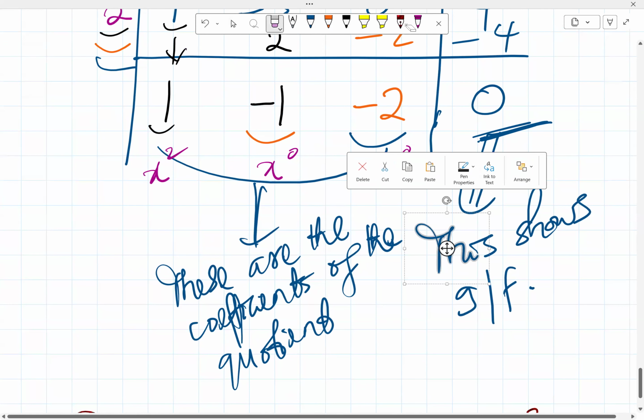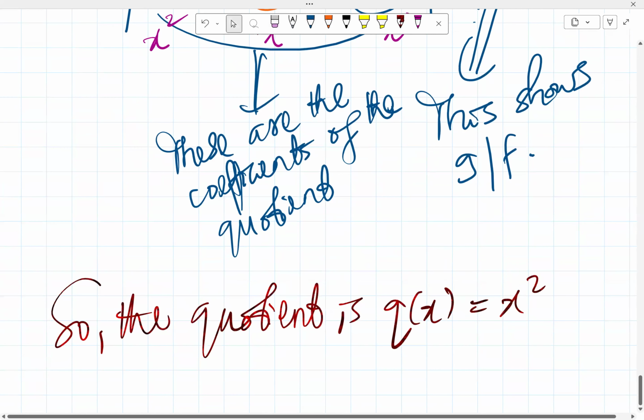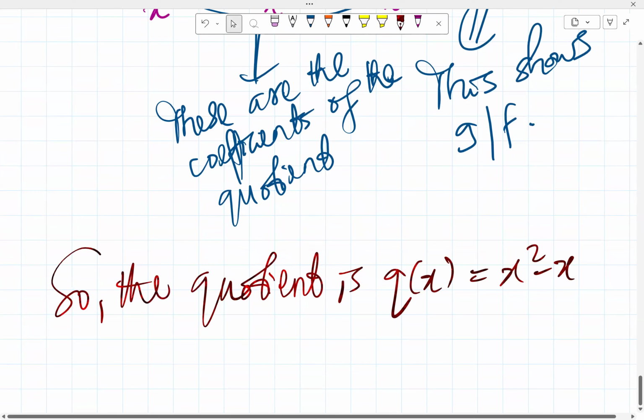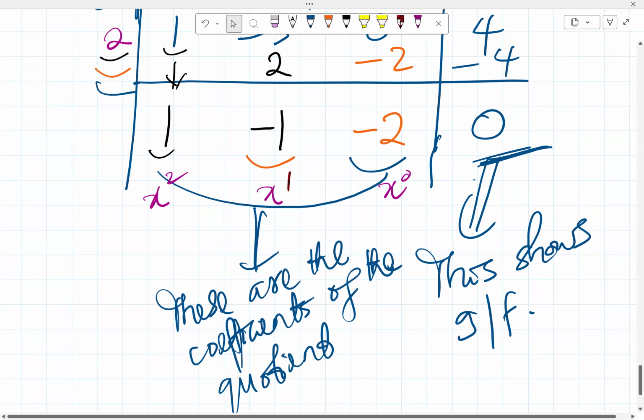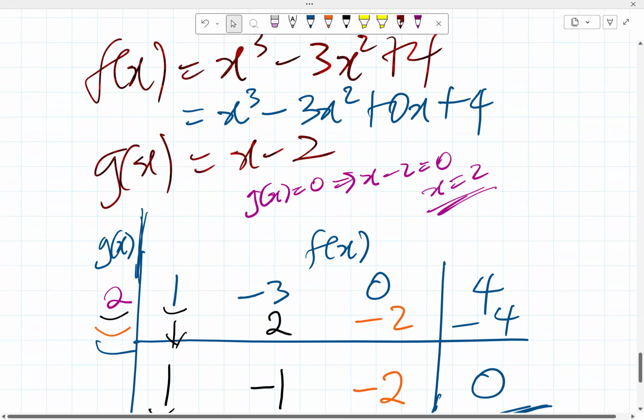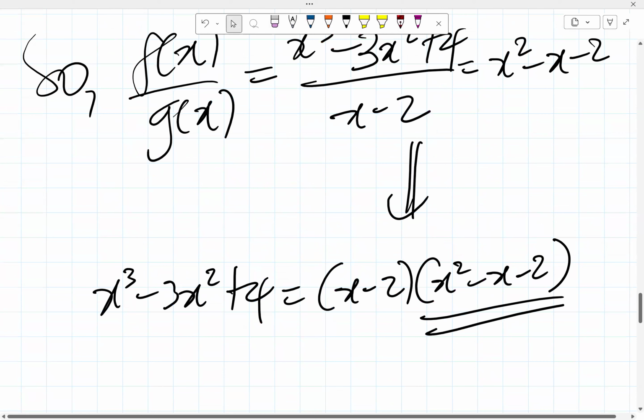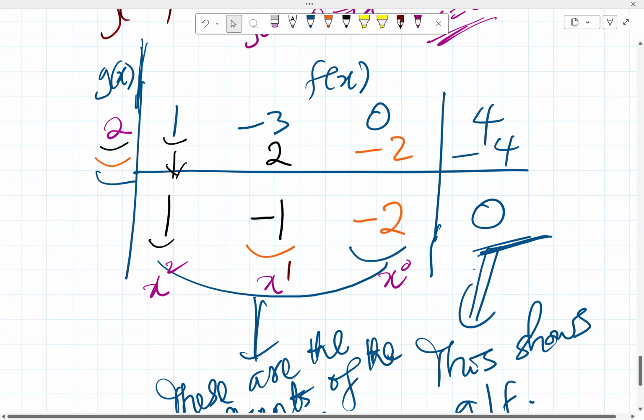Oh, sorry, this is x raised power 1. Yeah, this is x raised power 1. So minus x, and then lastly, minus 2. Okay, so x squared minus x minus 2. Just exactly the same thing we got, x squared minus x minus 2. So it's the same quotient.